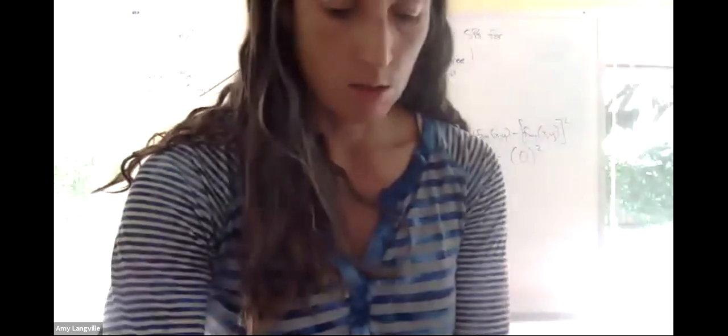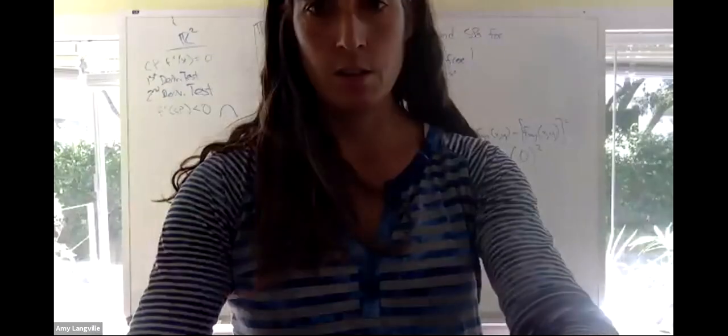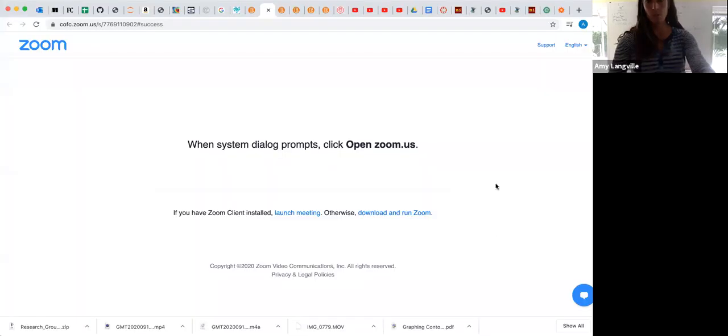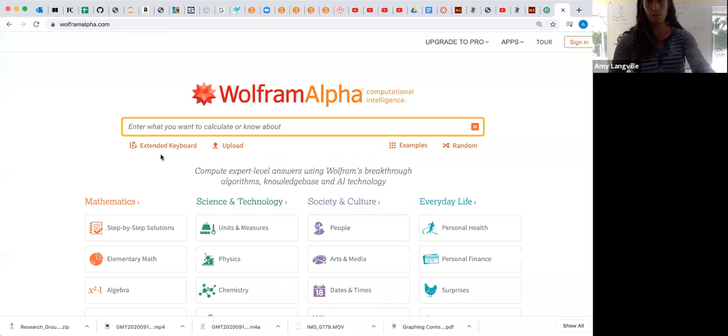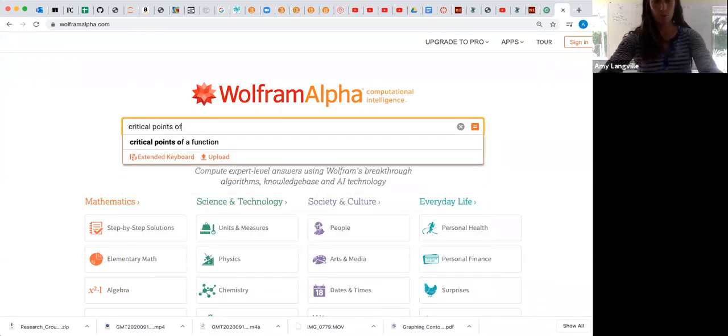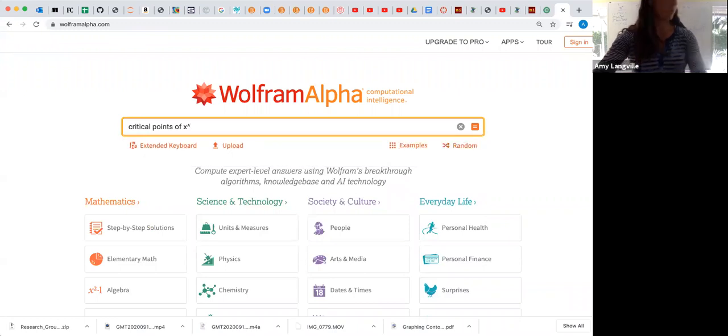Let's see what Wolfram Alpha can do. So I'll share the screen. Okay, so you can enter things like critical points of, what did we have?